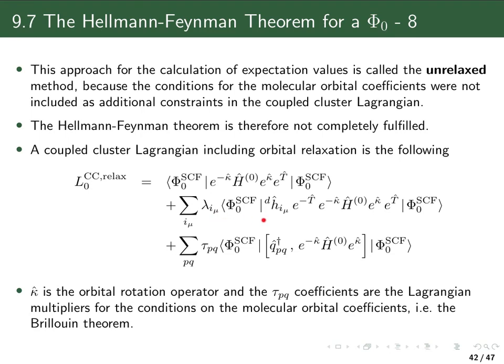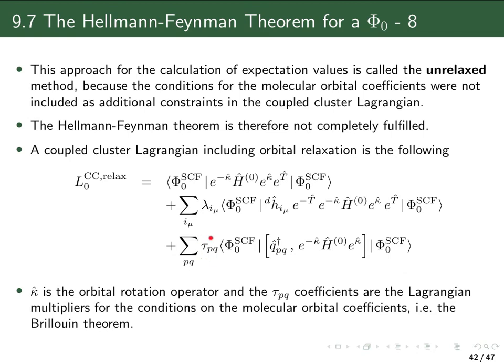And these are now the conditions again for the T amplitudes. So that's the coupled cluster vector function again, here with the lambda parameters, which are the Lagrange multipliers for the derivatives with respect to the T amplitudes. And we also get another set of constraints, which are the constraints for the molecular orbital coefficients.